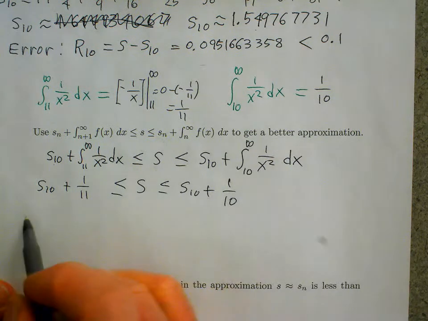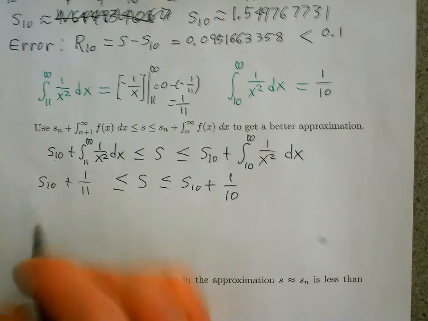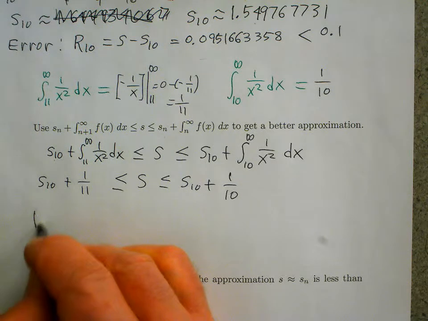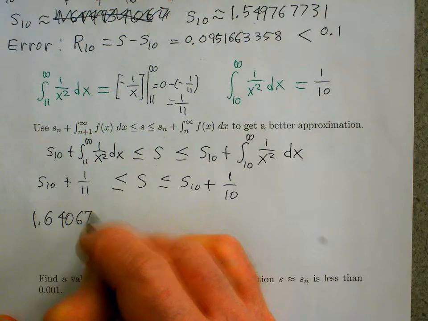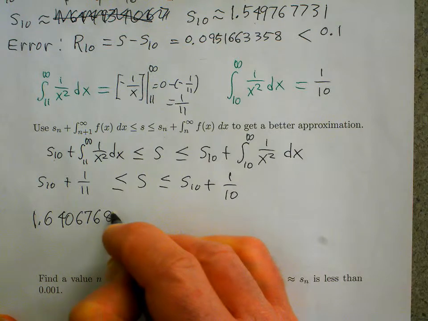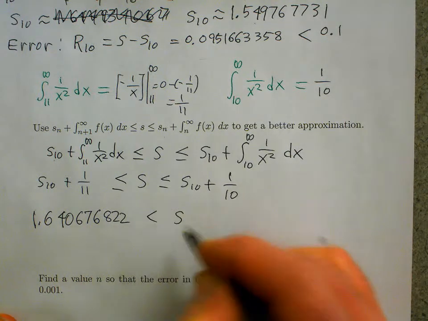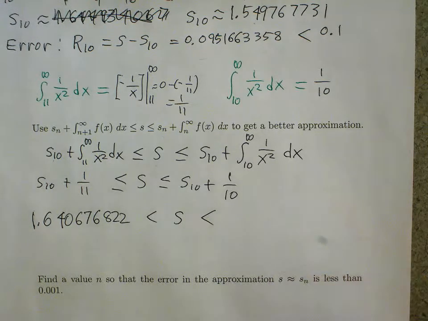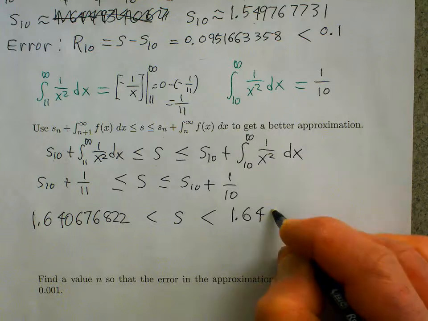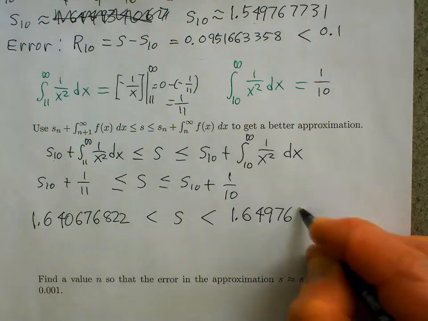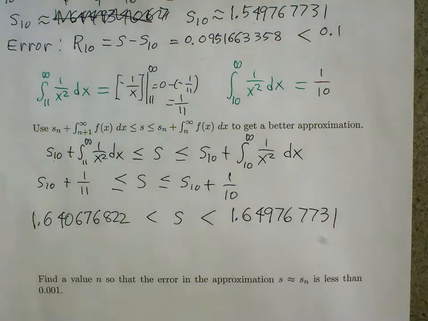And when you use the decimal numbers, the number on the left is 1.640676822. That's less than s. And the number on the right is 1.649767731.